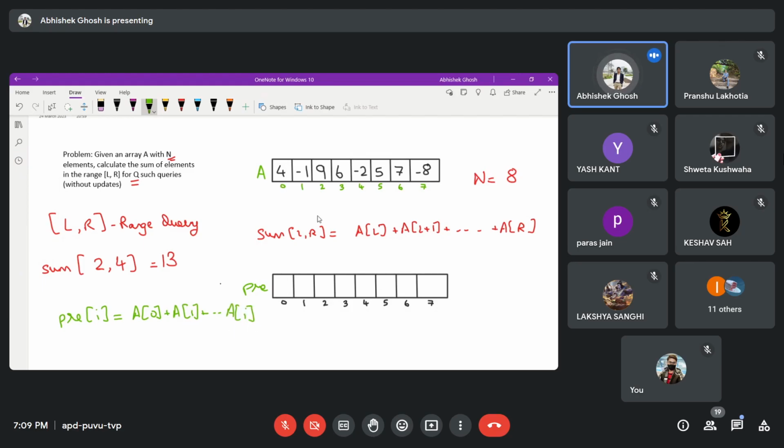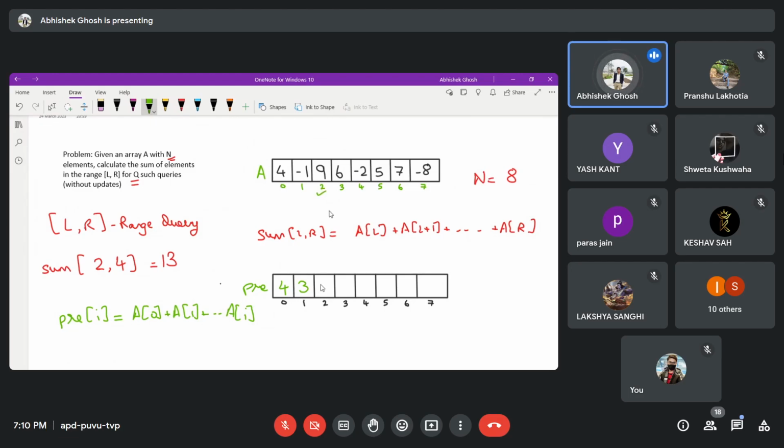Okay, so pre of 0 will be the sum of this part of the array, which is 4, right? Pre of 1 will be the sum of this part of the array, 4 minus 1 is 3. Prefix sum of 2 would be the sum till the first index added with this element.